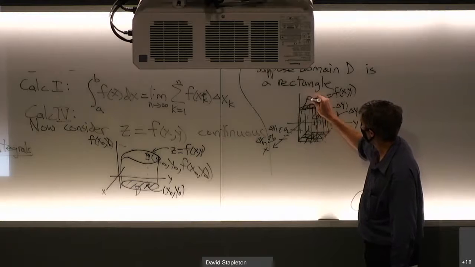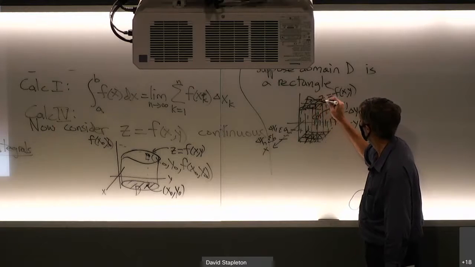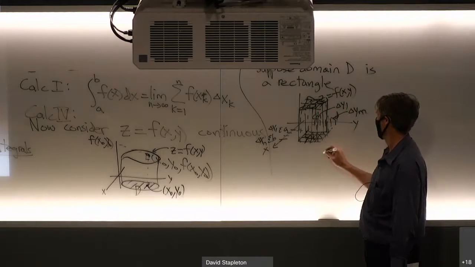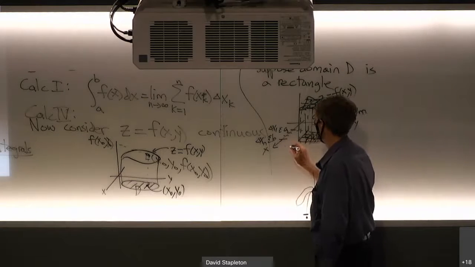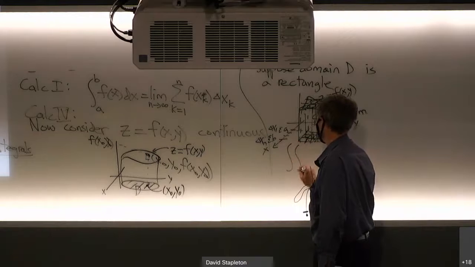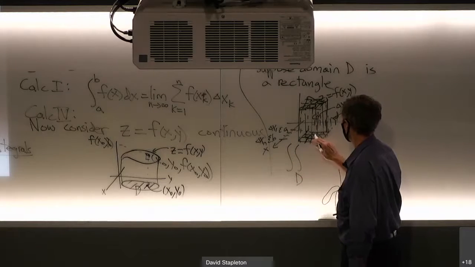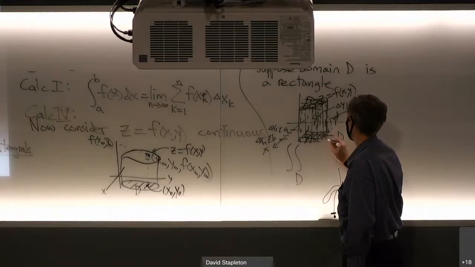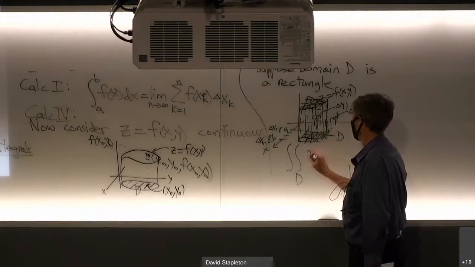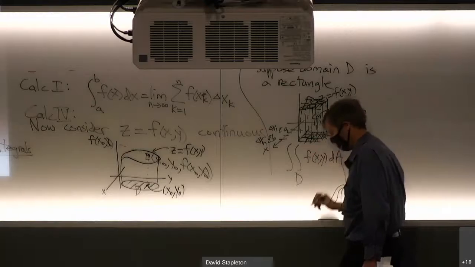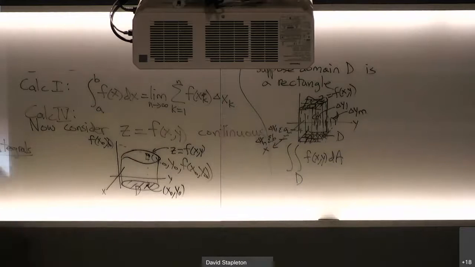So it's very similar. So these are supposed to be rectangular boxes here. And we'll say that the double integral over the domain D here, need to label it D, of the function of two variables, dA is the notation. When we write that down, it will mean a similar thing.